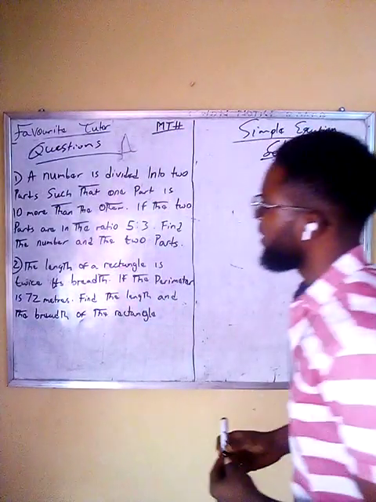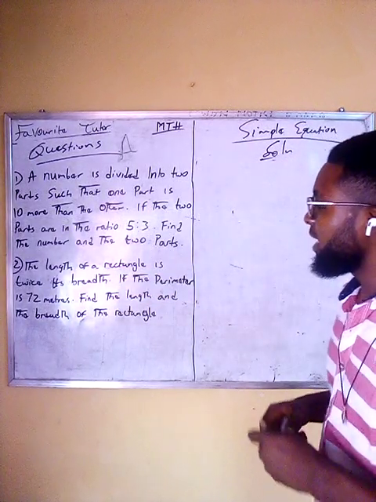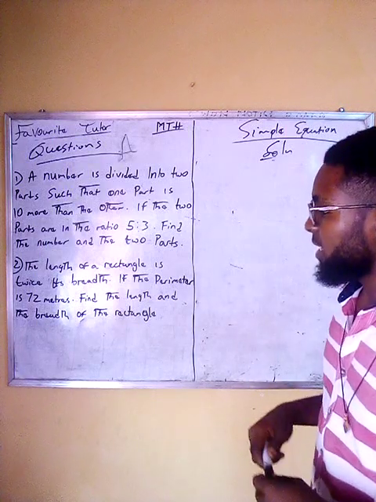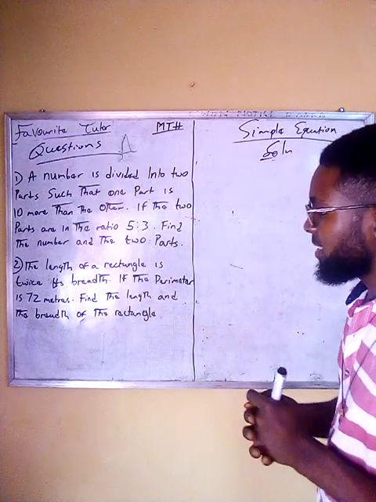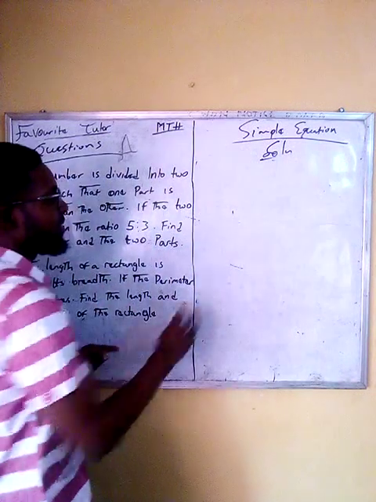Okay, all right, what we have here: the length of a rectangle is twice its breadth. If the perimeter is 72 meters, find the length and the breadth of the rectangle.